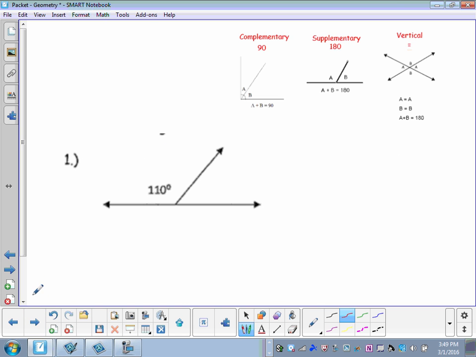So let's practice solving some angle relationship problems. Keep in mind, first identify whether you're dealing with complementary angles, supplementary angles, or vertical angles.